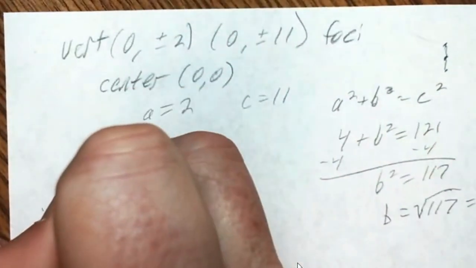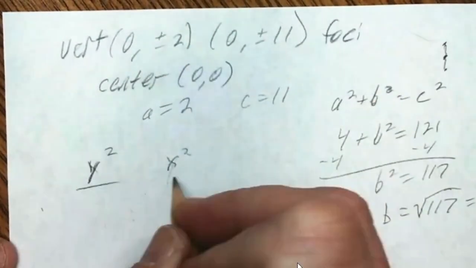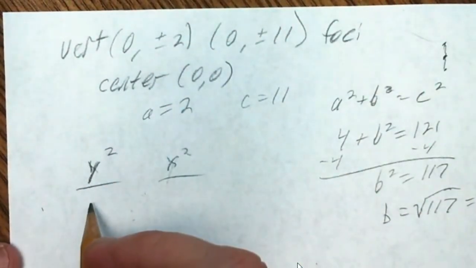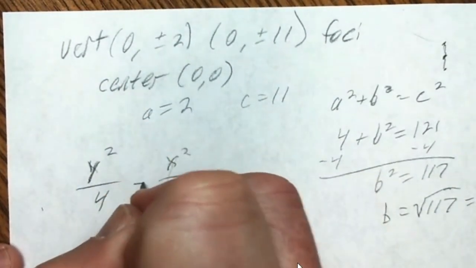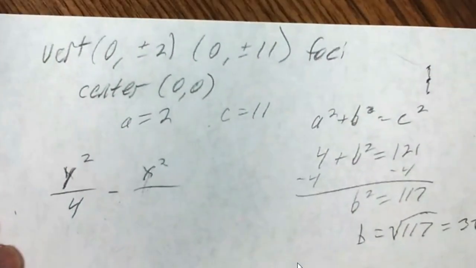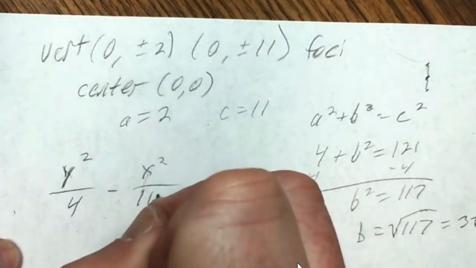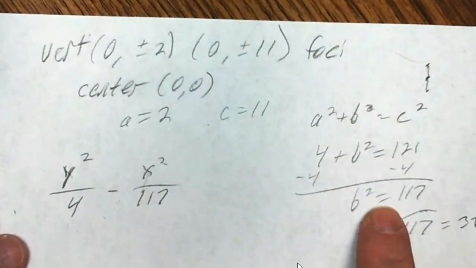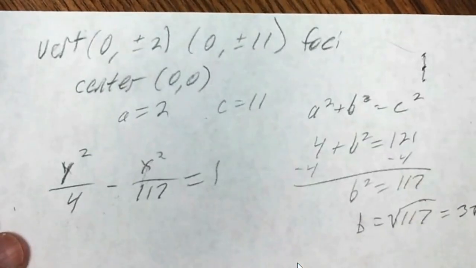This is y squared over here, this is x squared over here. And over a, since a is 2, a squared is 4. And what is b squared? Well, 3 square roots of 13 squared. b squared is 117. We calculated what b squared was right here. So that should be our equation.